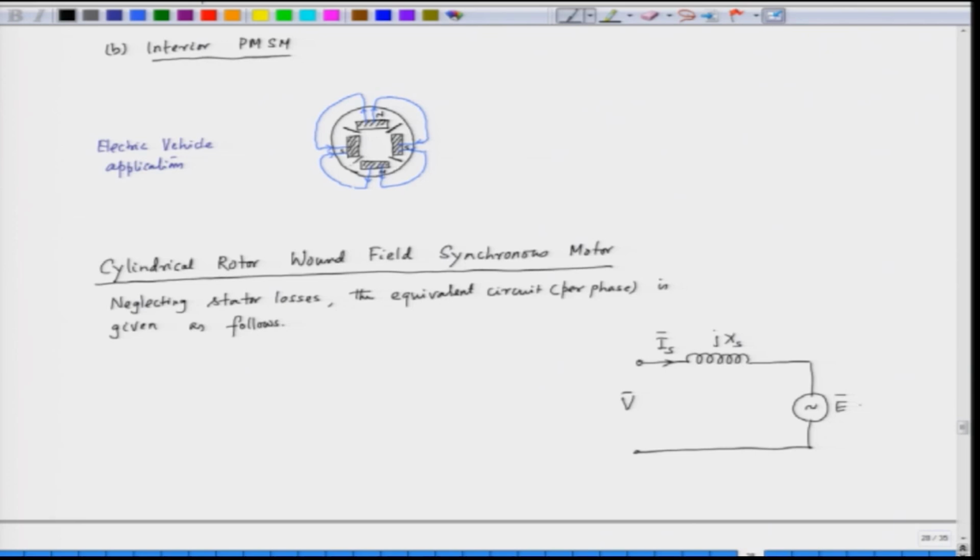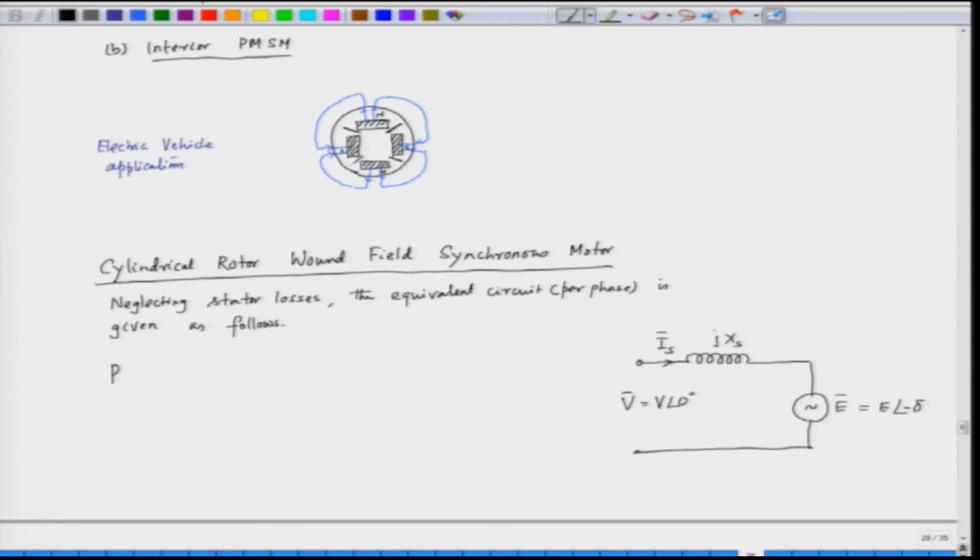Now, this E is equal to E angle minus delta. So, for a motor, if we assume that the applied voltage is V angle 0, this is the voltage phasor, the induced EMF lags behind the voltage by an angle delta, because this is a motor operation.